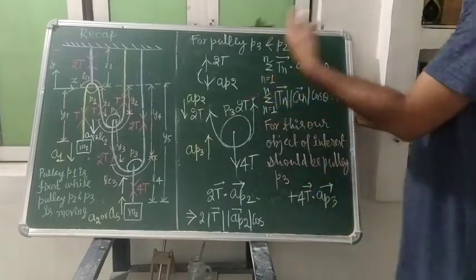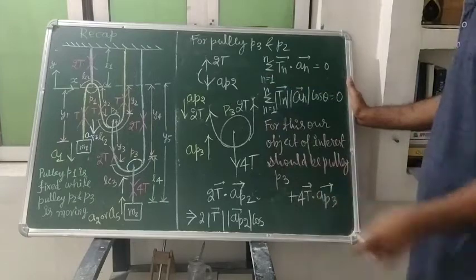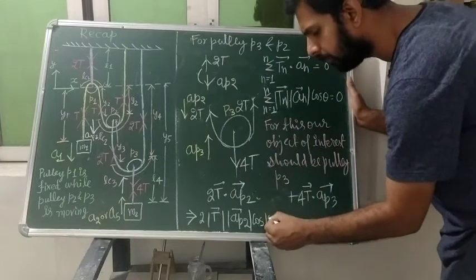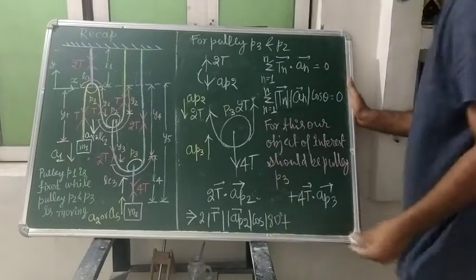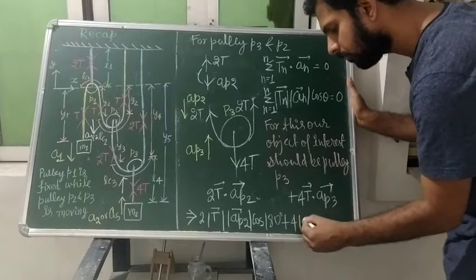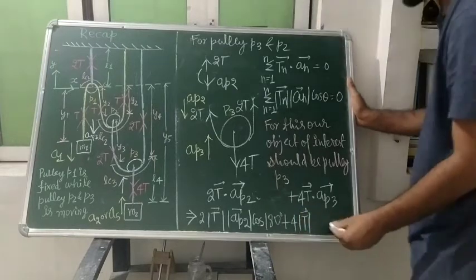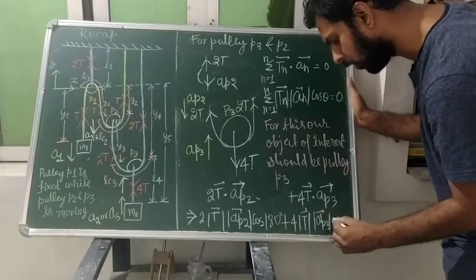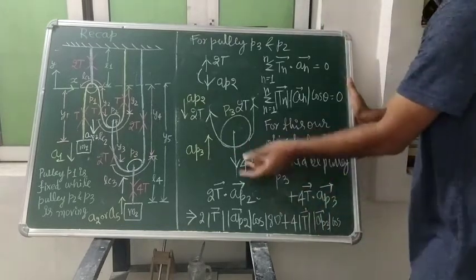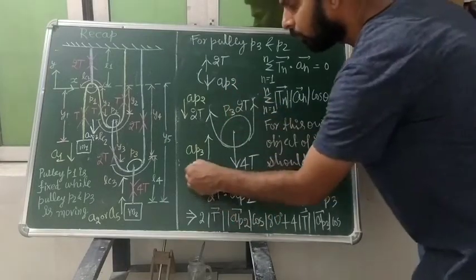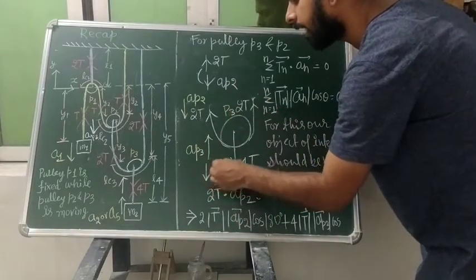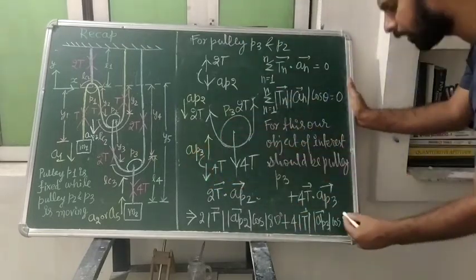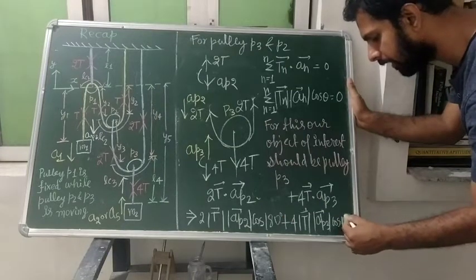So the angle between them will be what? 180 degrees. Plus here 4T, magnitude of AP3, and cosine: 4T is acting downward side, and acceleration we have assumed upside. So the angle between them is 180 degrees.